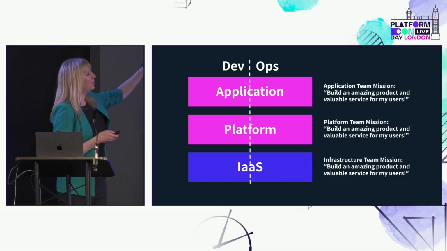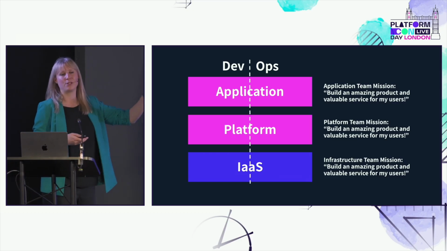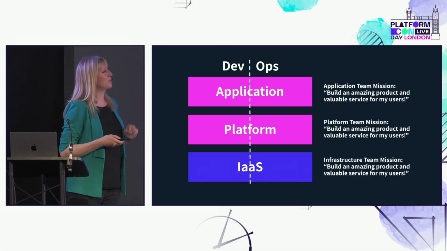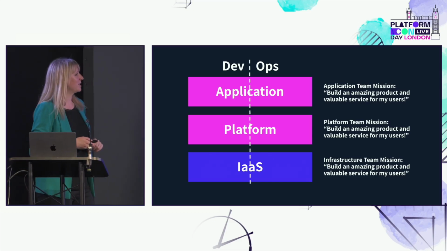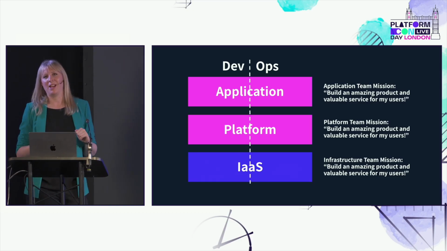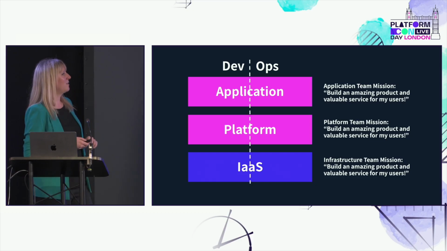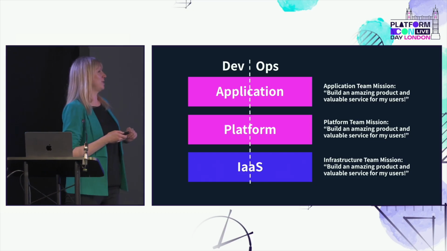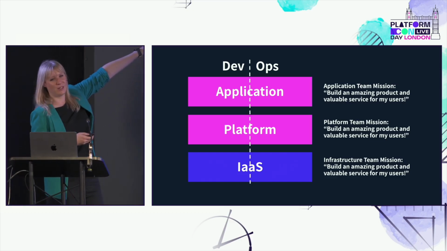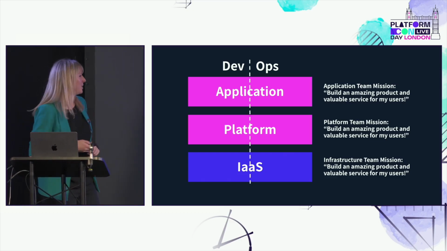So you have application developers who are really focused on your end users. They want to build an amazing product and a valuable service for their users. The next abstraction layer is that platform team, and they have exactly the same mission. They have the mission of building an amazing product and a valuable service for their users. Their users are these folks up here, the application developers.